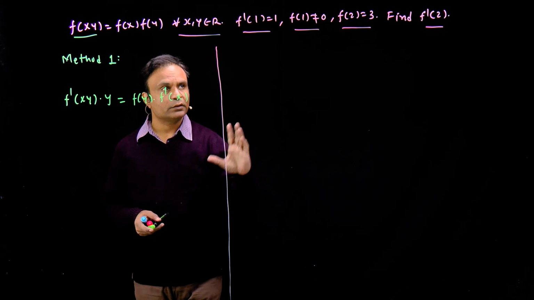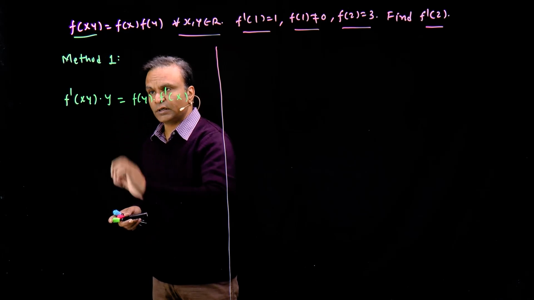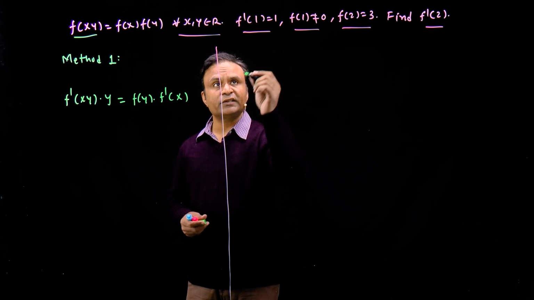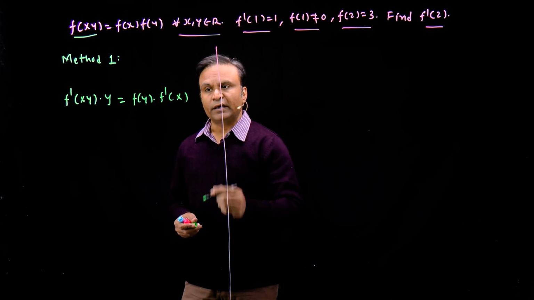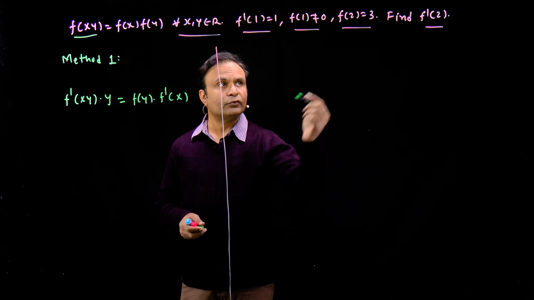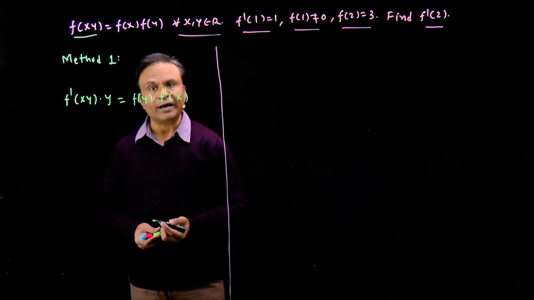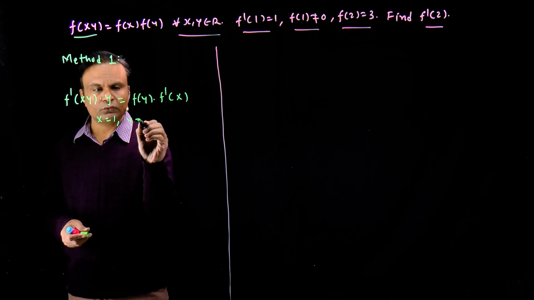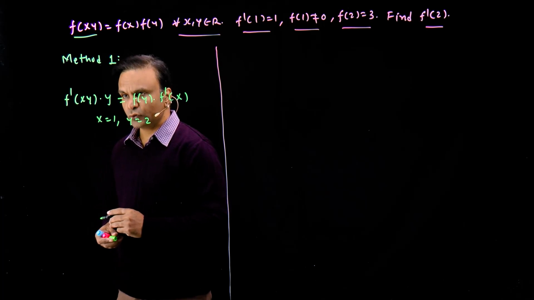Now depending on the given values, I will select x and y. Now f dash 1 is equal to 1. I have here f dash x, so I will put x is equal to 1, and f of 2 is given 3, so I will put y is equal to 2. So in this I have x is equal to 1 and y is equal to 2.